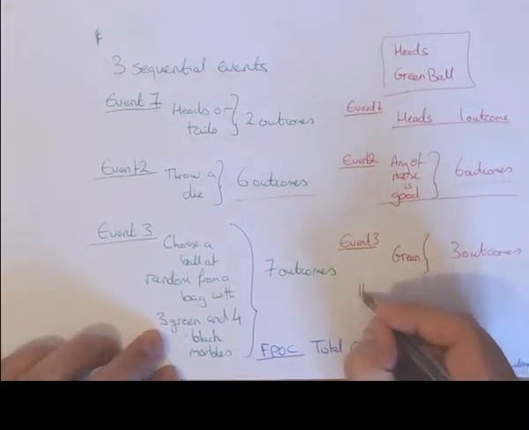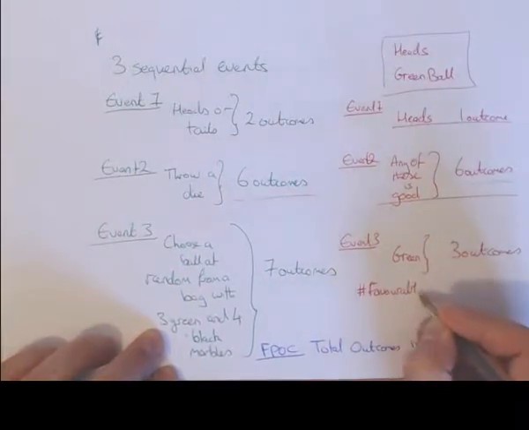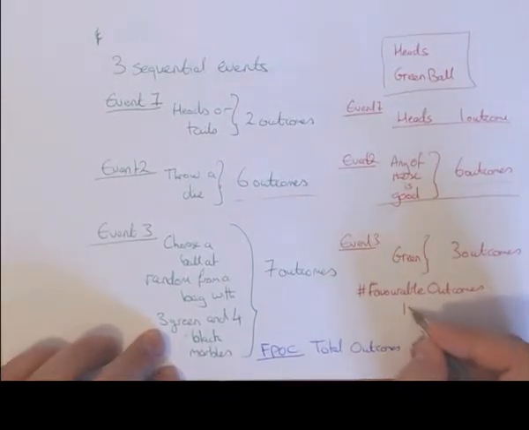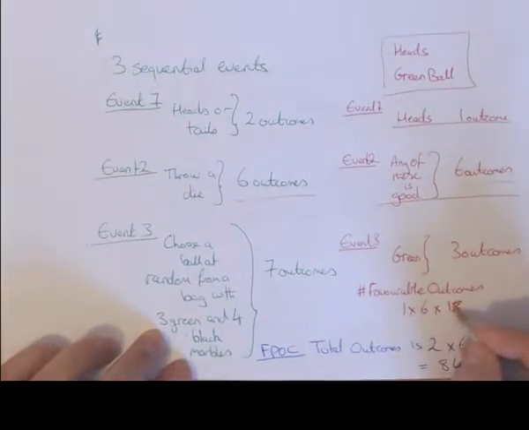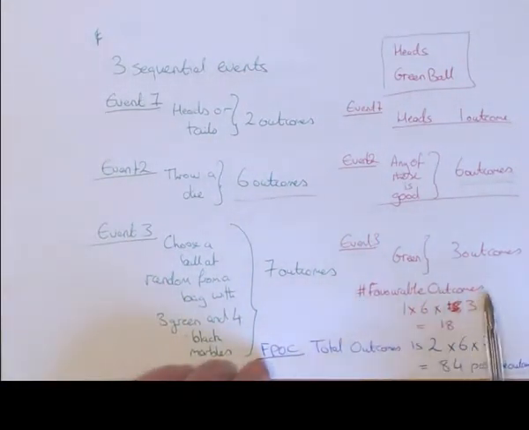So the number of favourable outcomes we know from the fundamental principle of counting is 1 by 6 by 3, which is 18 altogether. So there are 18 favourable outcomes.